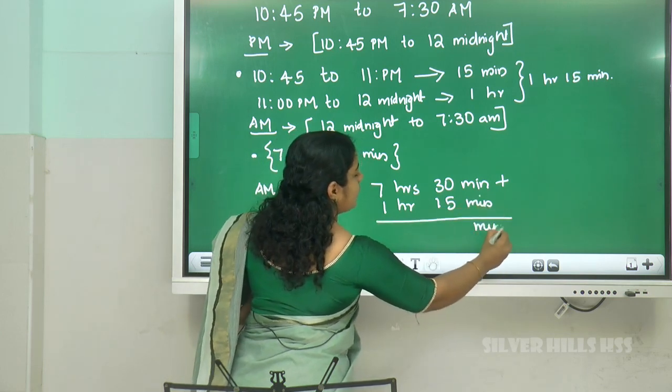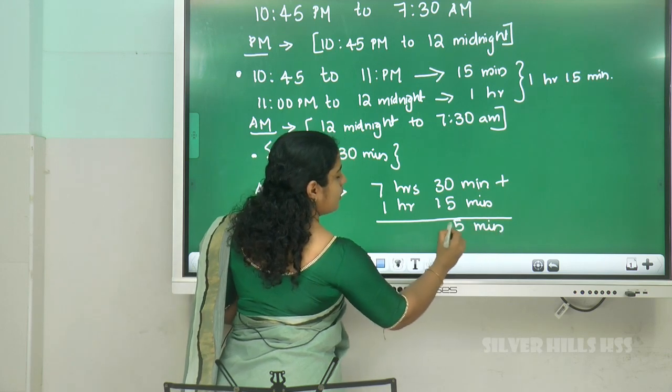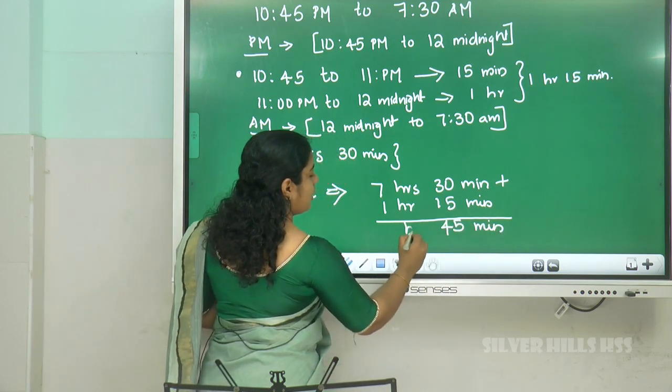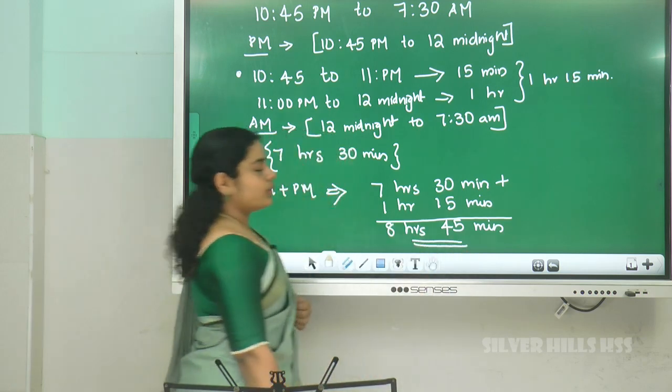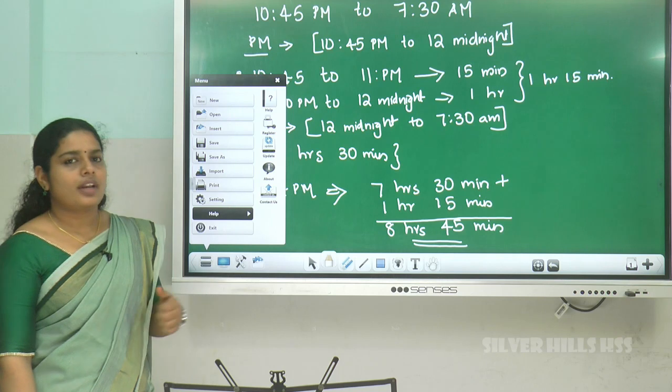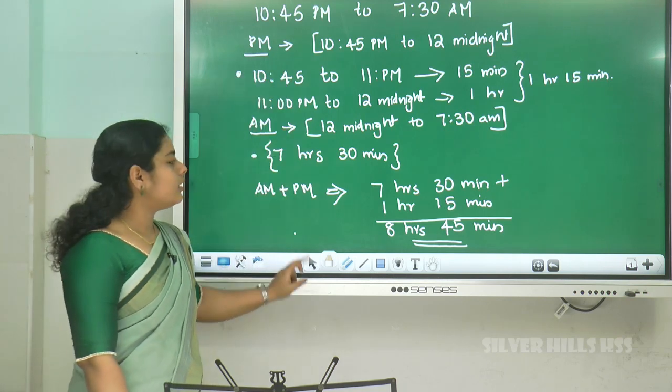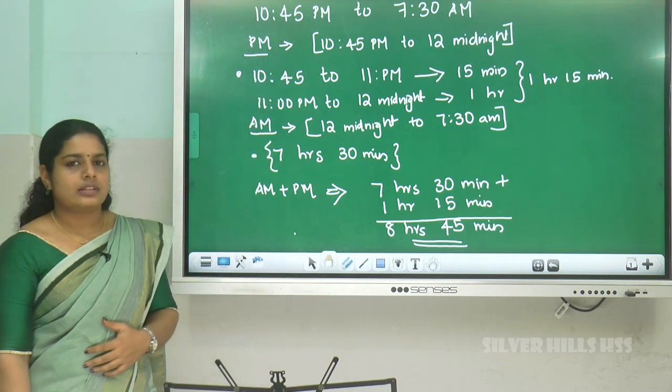So, we will add the minute part first, it is 45, and the hour part is 8 hours. So, the total time of journey of Raju is 8 hours and 45 minutes.